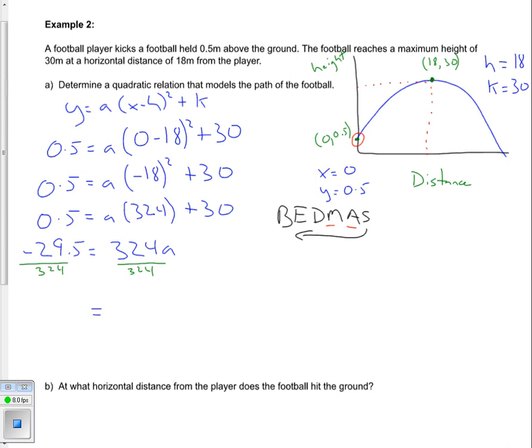That's going to tell me that the a value is approximately negative 0.09. Okay, so now I know that my a value is negative 0.09.